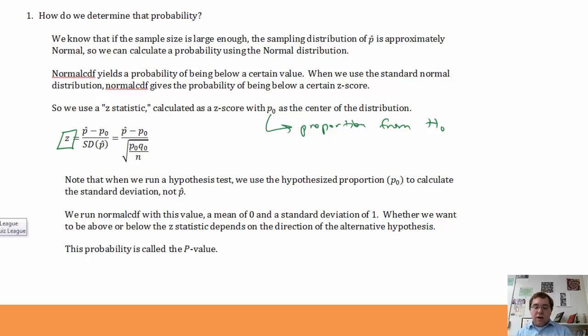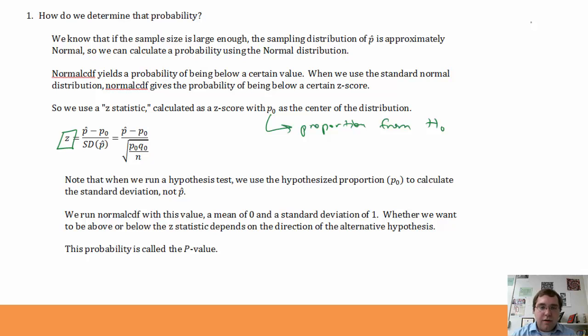Note that when we run a hypothesis test, we use the hypothesized proportion, p naught, to calculate the standard deviation. We don't use p-hat like we used for a confidence interval, because our assumption is that p naught is the true value. We run normal CDF with this value, with a mean of 0 and a standard deviation of 1.